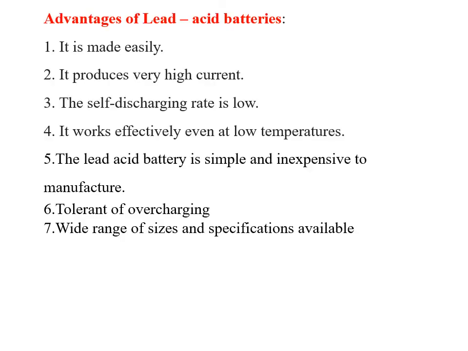Advantages of lead acid batteries. It is made easily. It produces very high current. The self discharging rate is low. It works effectively even at low temperatures. The lead acid battery is simple and inexpensive to manufacture, tolerant of overcharging, with a wide range of sizes and specifications available.